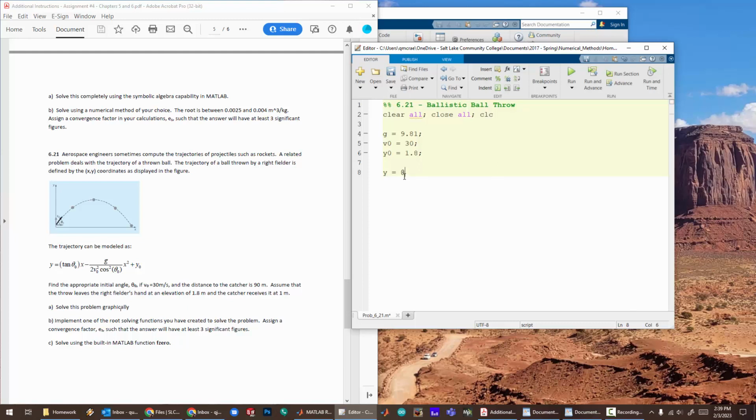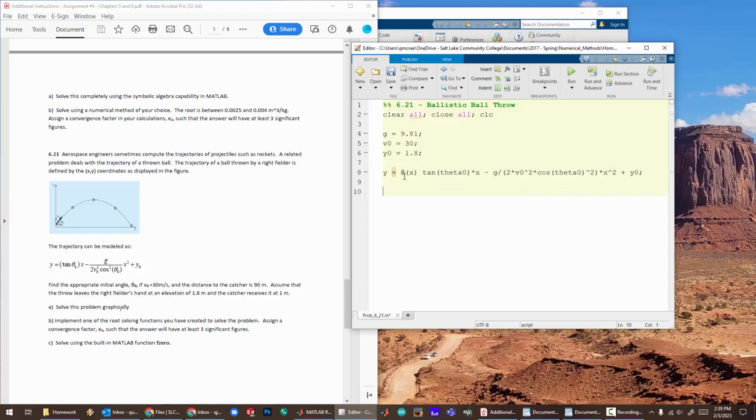So Y is equal to tangent of theta naught times X minus G over parentheses 2 times V naught squared times cosine of theta naught squared, all that times X squared, plus Y naught.